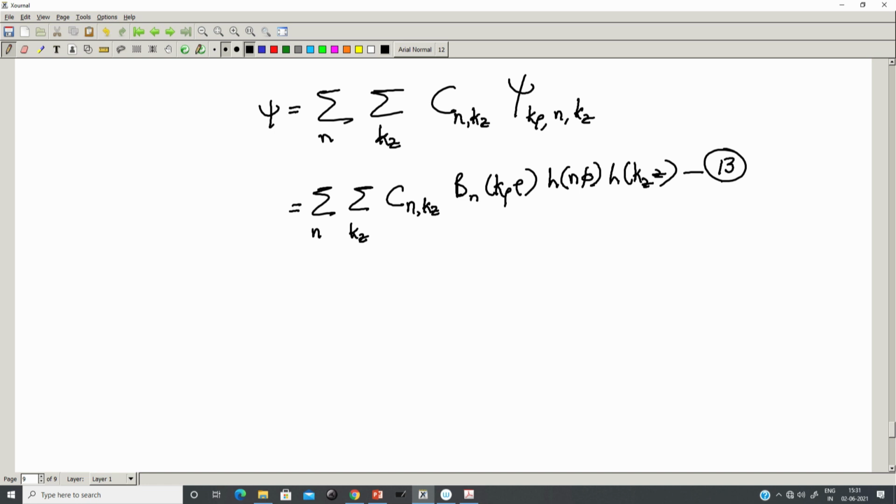Okay, so, we have summed up over n and k z to express the total psi as a summation over these modes, the azimuthal modes, so to say n, and over k z, where the C n k z are constants.